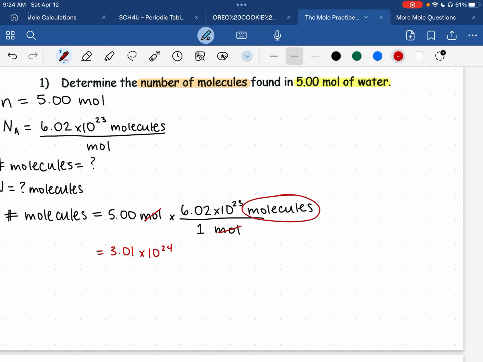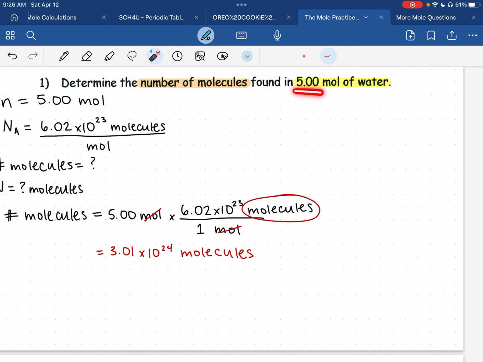My unit that's left over is molecules. Oh my gosh, can't spell today. Molecules. And that was exactly what I was looking for. So we're at the end now. This has to be rounded to the correct number of significant digits.